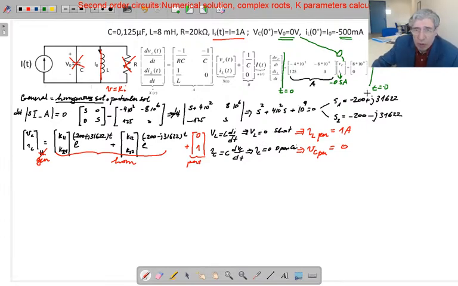So if you do the calculation with the numerical values on the right hand side, you're going to end up with this initial condition, dVc/dt when t equals 0.